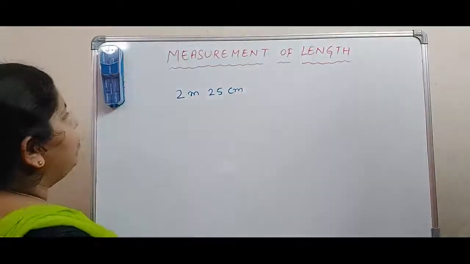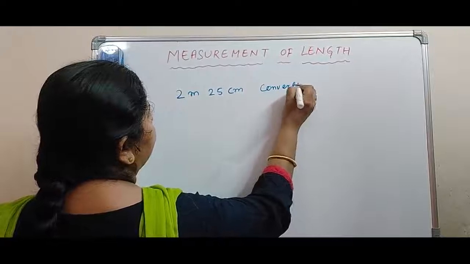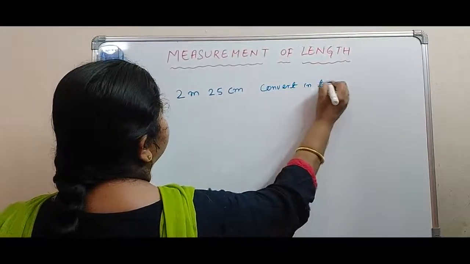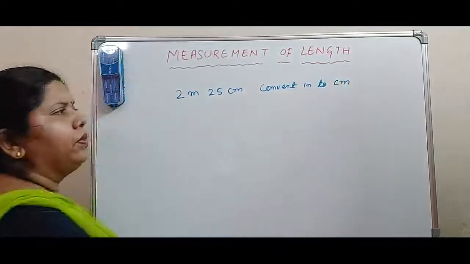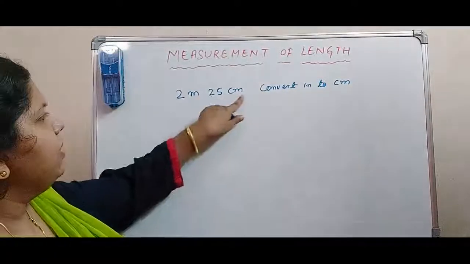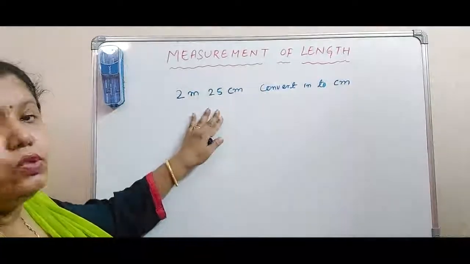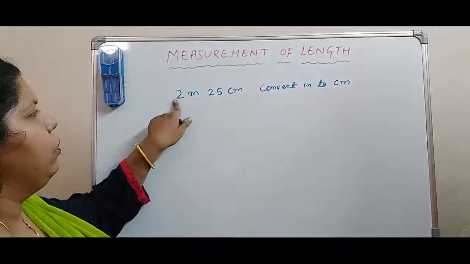Now, the centimeter part is already there, that is 25 centimeter. What you have to convert is only the meter part, that is 2 meter.